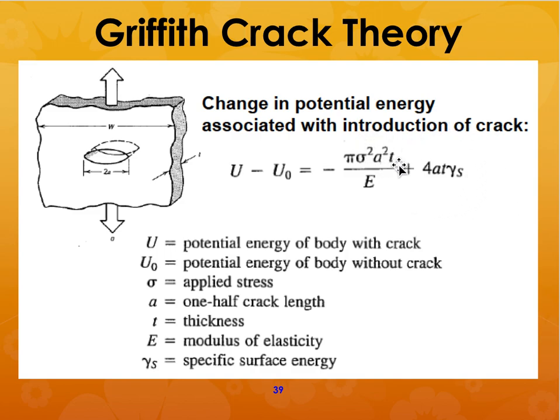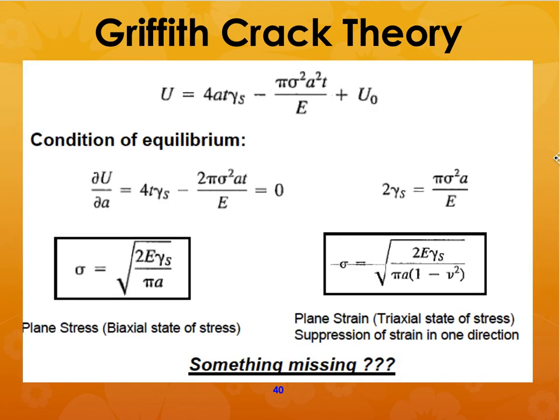So this is, suppose you are creating an elliptical surface, you can actually calculate the change in potential energy associated with the introduction of a crack. So based on that, you can actually calculate the stress under different conditions.